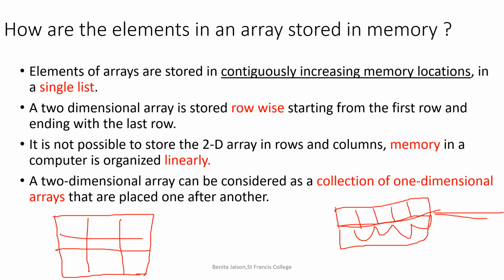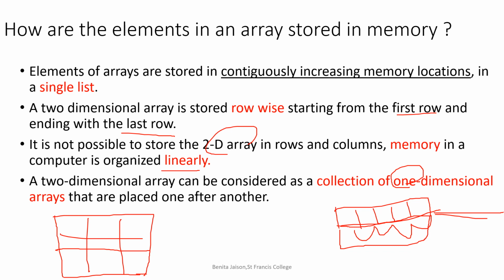It will be a row-wise arrangement in memory: first row followed by the second row, and then ending with the last row. It is not possible to store a 2D array in rows and columns in memory, as memory in a computer is organized linearly. So whatever the number of dimensions, it is not placed in rows and columns in memory. It is organized linearly. A two-dimensional array can be considered as a collection of one-dimensional arrays.